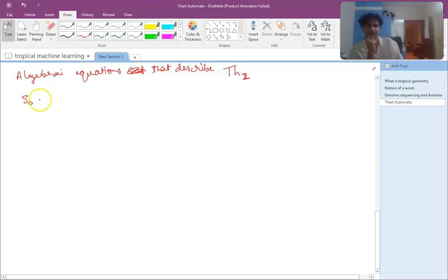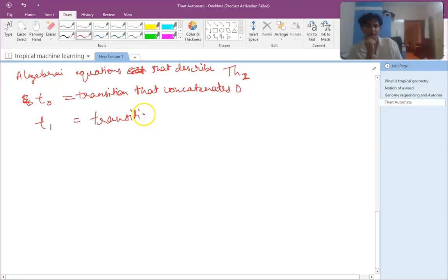Let T0 be the transition that concatenates a 0. Let T1 be the transition that concatenates a 1.